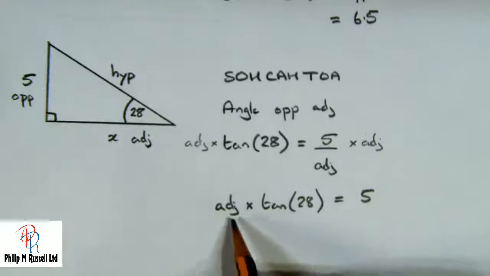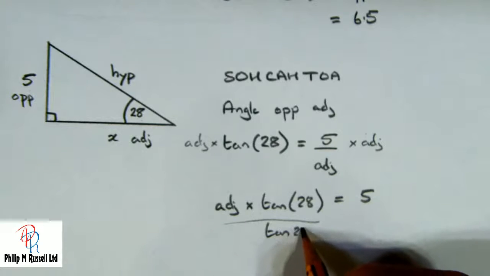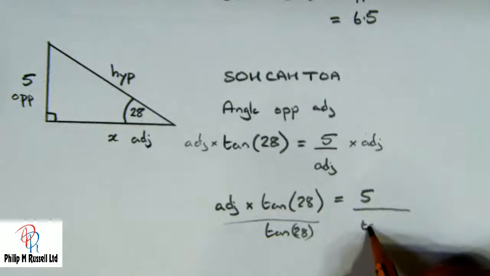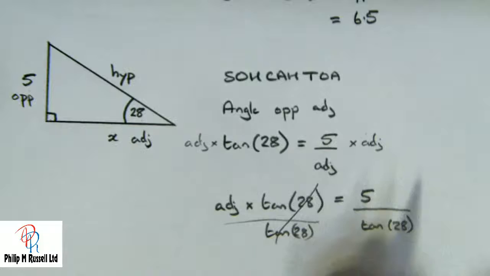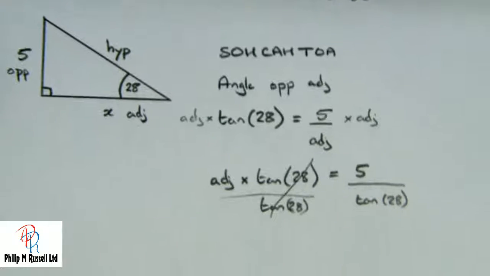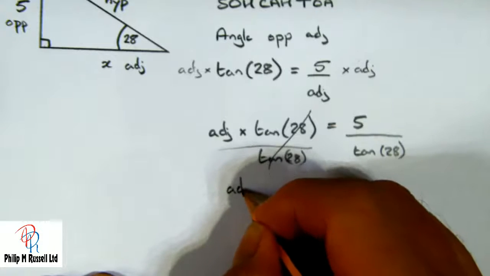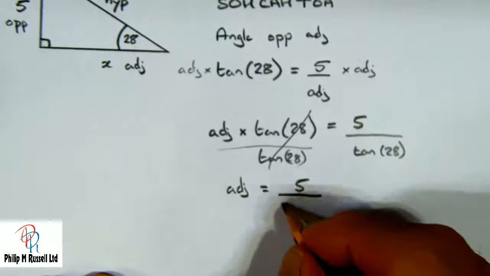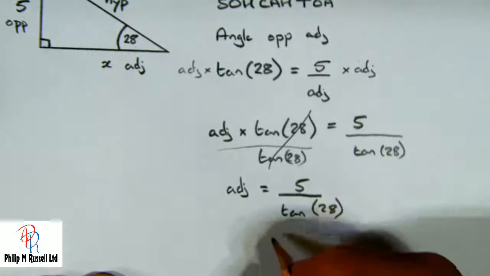So what we're going to do is divide both sides by the tan of 28. These will cancel, and so what we've got is the adjacent equals 5 divided by the tangent of 28.